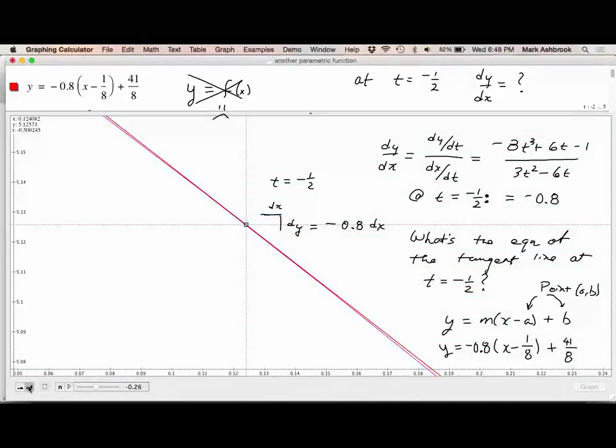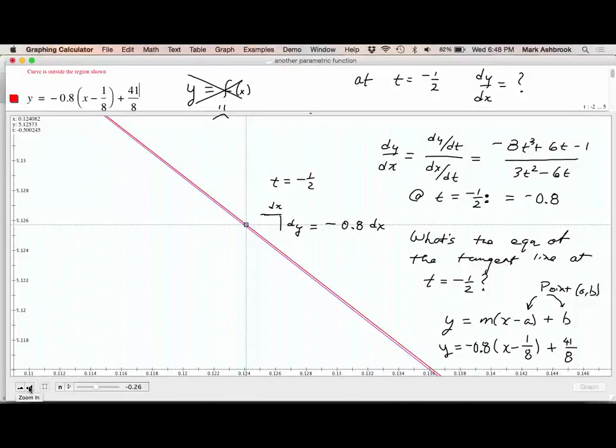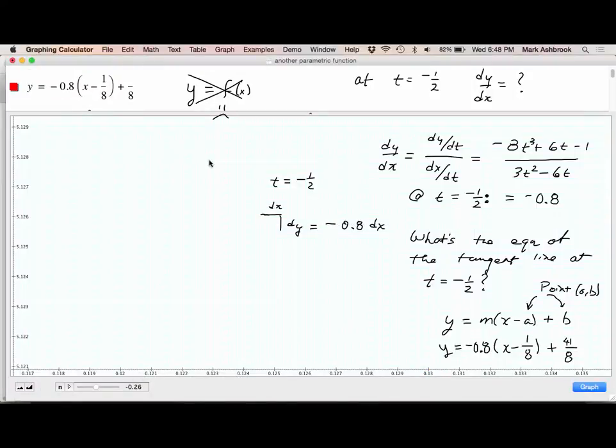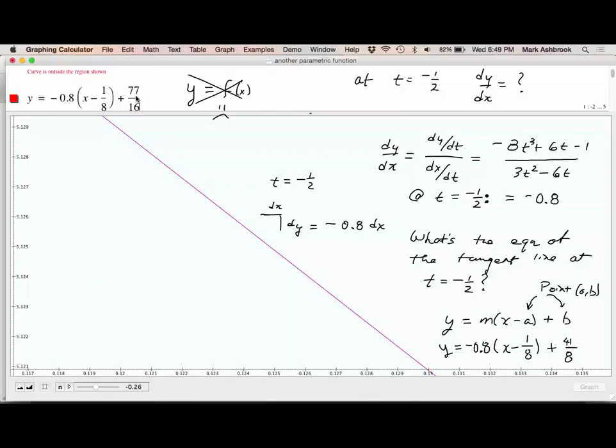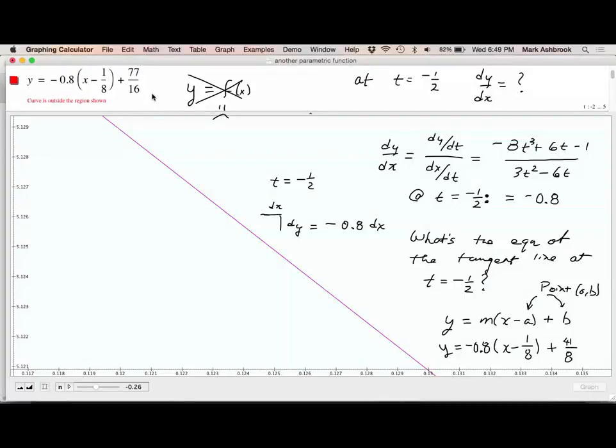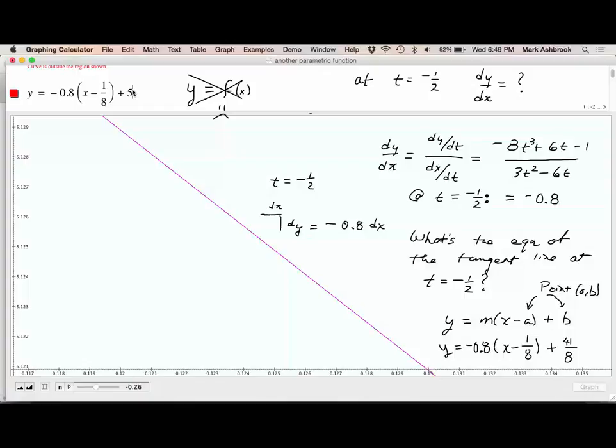Here we go. Very curious. Yeah. 77/16. The curve is outside the region shown. I got 5. Really? That's like 1/8 away. Nope. The curve is outside the region shown. 41/8 seems to be winning.